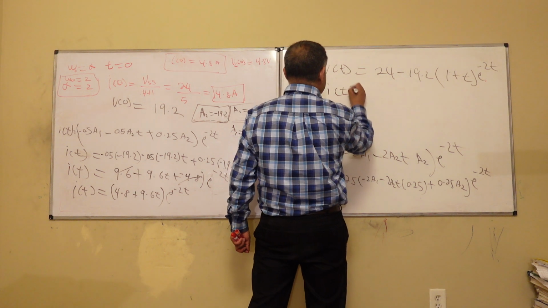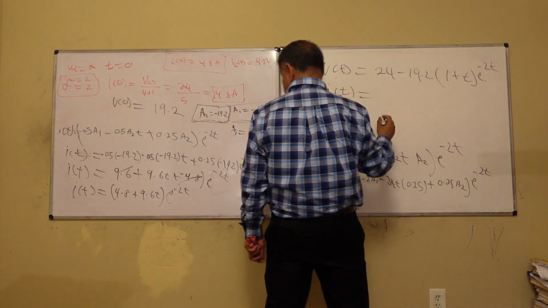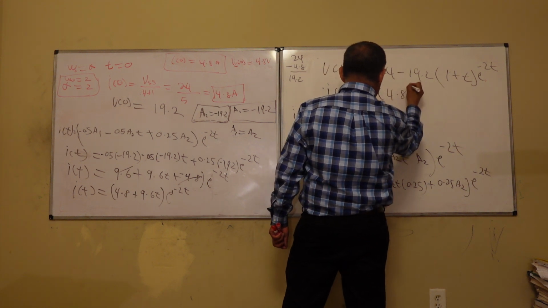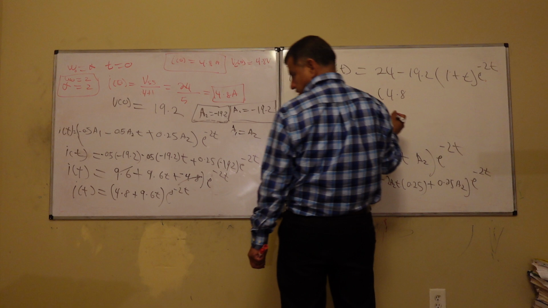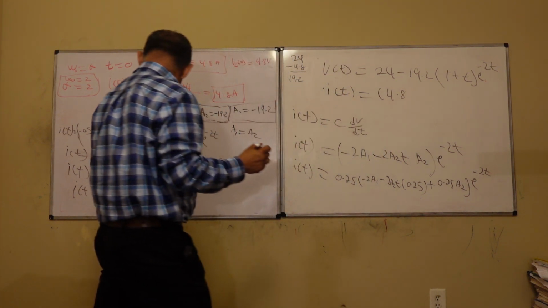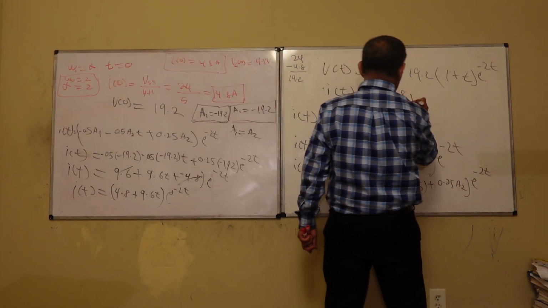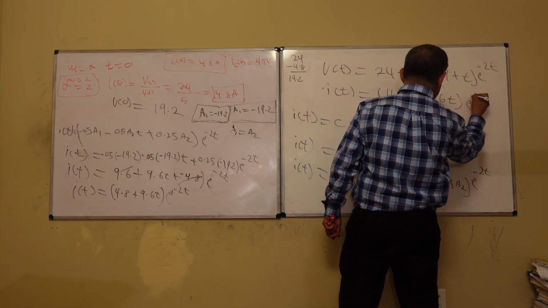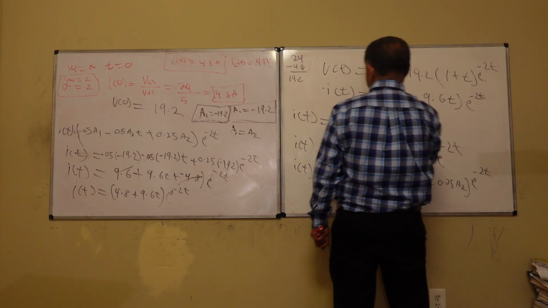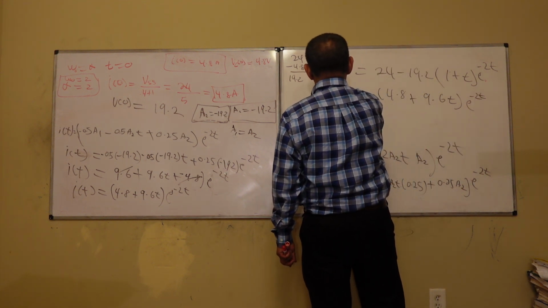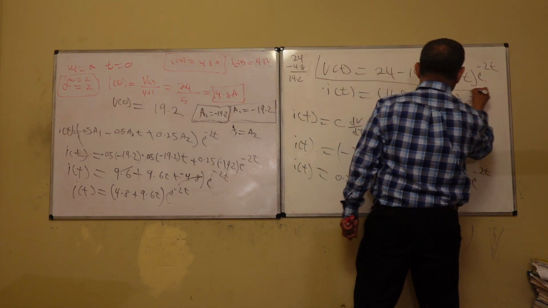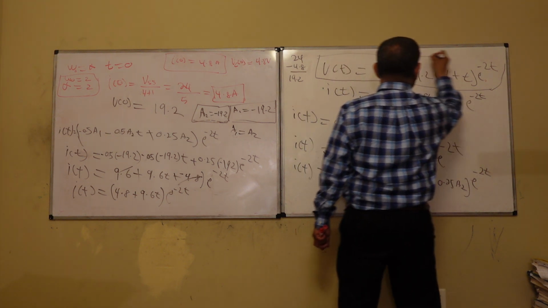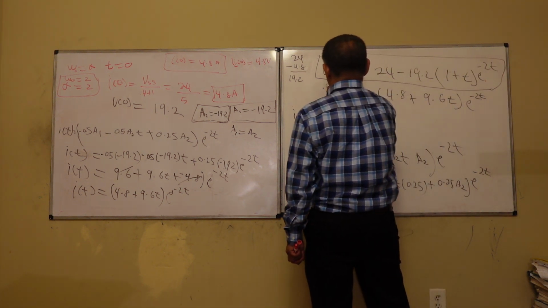I of t is equal to 4.8 plus 9.6 t e to the 2t. And those are the two answers. So that's one, and this is the other one.